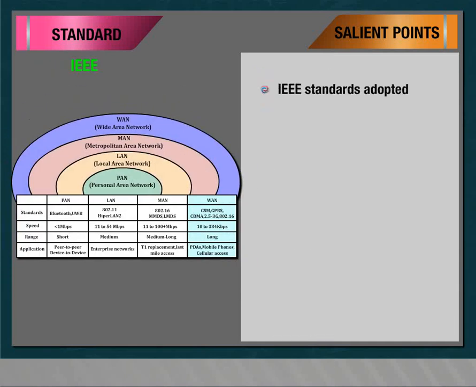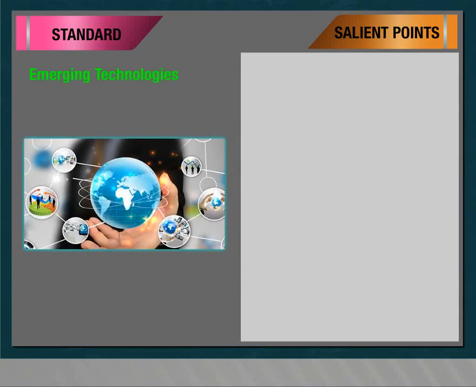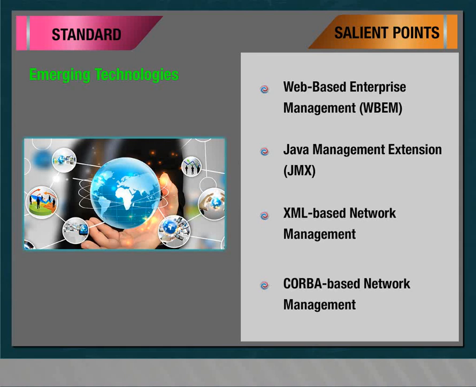IEEE: standards adopted internationally, addresses LAN and MAN management, adopts OSI standards significantly, deals with first 2 layers of OSI RM. Emerging technologies: Web-based Enterprise Management (WBEM), Java Management Extension (JMX), XML-based Network Management, CORBA-based Network Management.